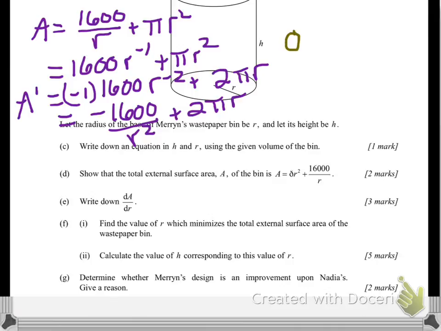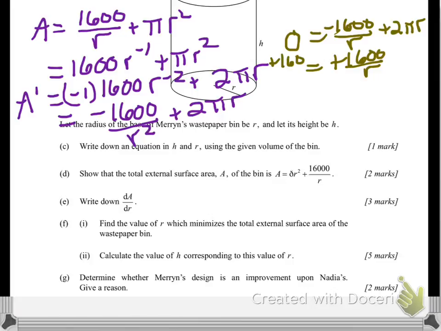So I get 0 is equal to negative 1600 over r plus 2 pi r. I'm going to add 1600 over r to both sides, and I get 1600 over r is equal to 2 pi r. Now I'm going to put that over 1, and now I have cross multiplication.